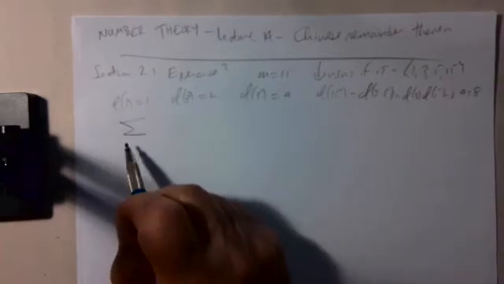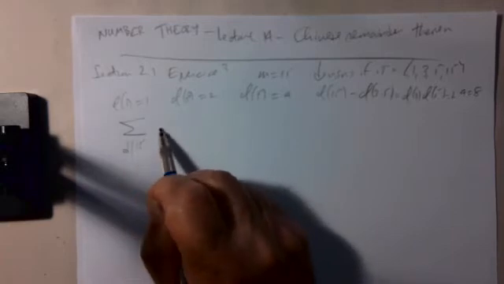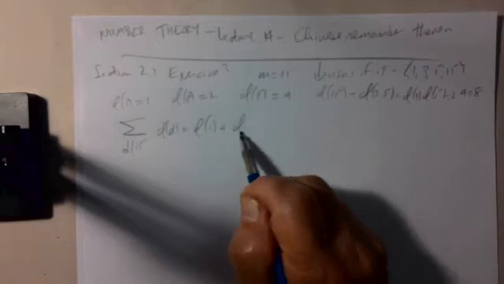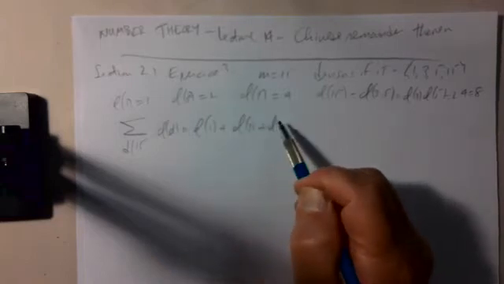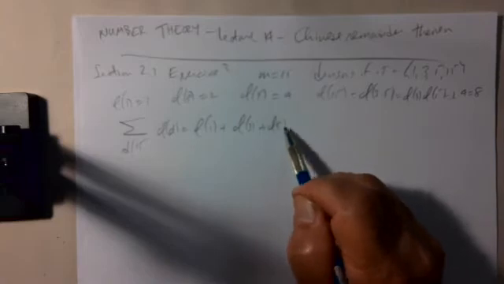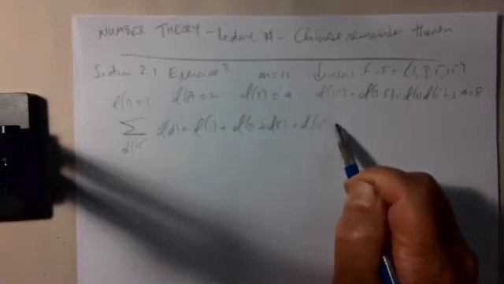So if we take the sum over all the divisors of 15, phi of d, that's phi of 1 plus phi of 3 plus phi of 5 plus phi of 15.